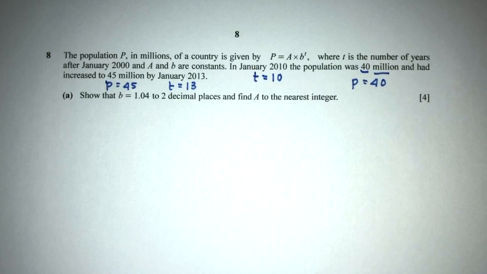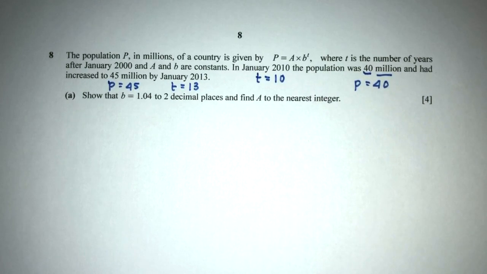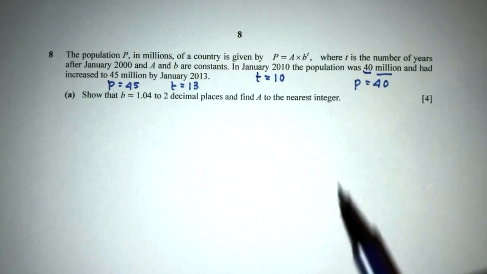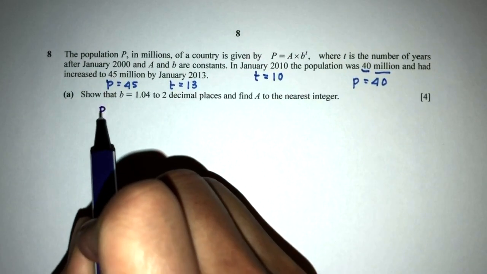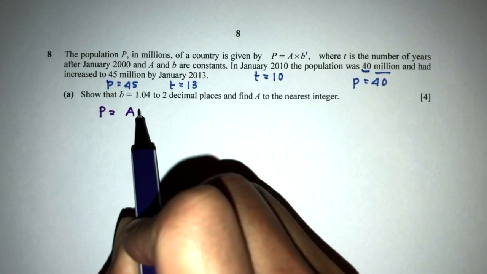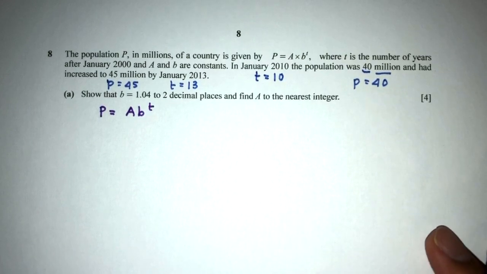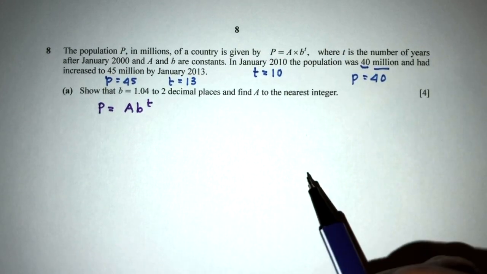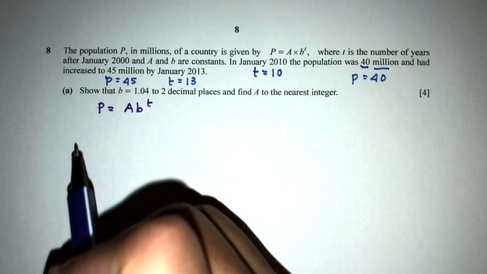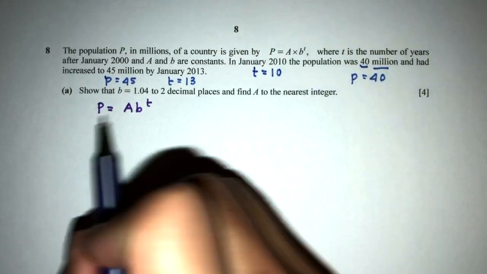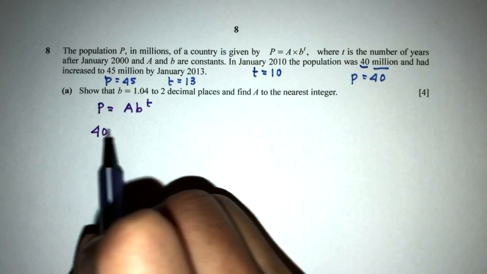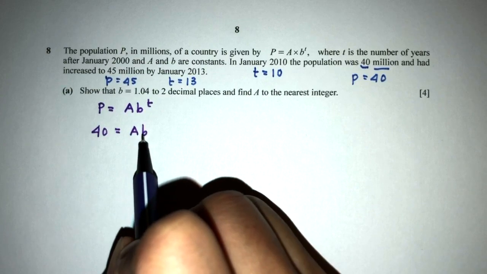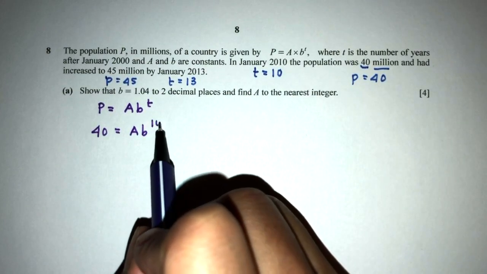Now part A, we have to show that the value of B is 1.04 to 2 decimal places and find the value of A to the nearest integer. So one by one, our first equation was P is equal to A B power T. First things first, we have this two pieces of information, which is P is 40 when the value of T was 10.